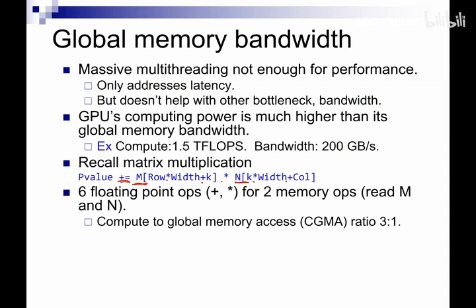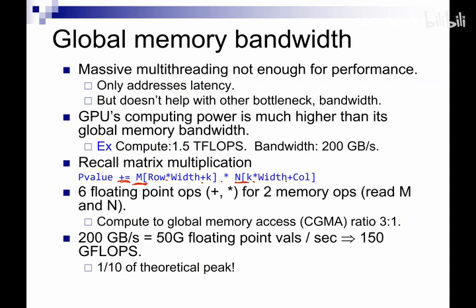So the ratio of computation to memory operations, which actually has a name, the compute to global memory access ratio, is 3 to 1. Now if you have 200 gigabytes per second of bandwidth, and each floating point value costs you 4 bytes, we're only going to be able to read 50 billion floating point values per second.